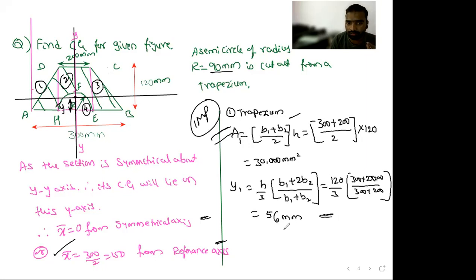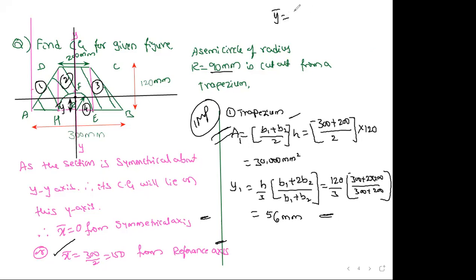Then how to do it? The y bar value. How do we write y bar? Y bar is equal to, yes, tell me, a1 y1 plus a2 y2 plus a3 y3 minus a4 y4, divided by a1 plus a2 plus a3 minus a4. Understood, everyone?